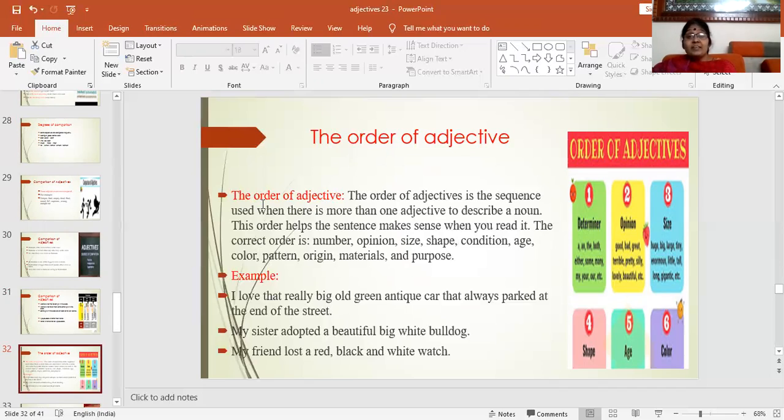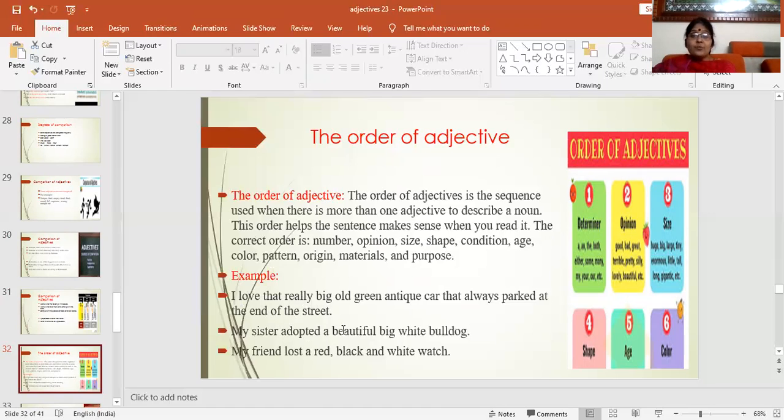Next is opinion, then size, then shape, then condition, then age, then color, pattern, origin, material, and purpose. Let us understand this with an example. Say, I love that really big, old, green, antique car that is always parked at the end of the street. See, big, old, green, antique car. The order how I have brought it, right?